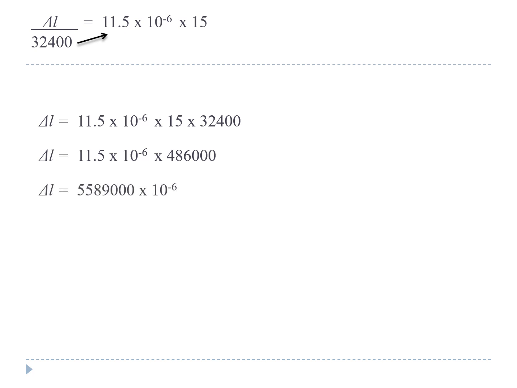So for delta L, you multiply 11.5 into 4,86,000, and you keep that 10 raised to minus 6 as it is. Now this 10 raised to minus 6 is in the numerator. What do you have to do? You have to bring it in the denominator to simplify this.